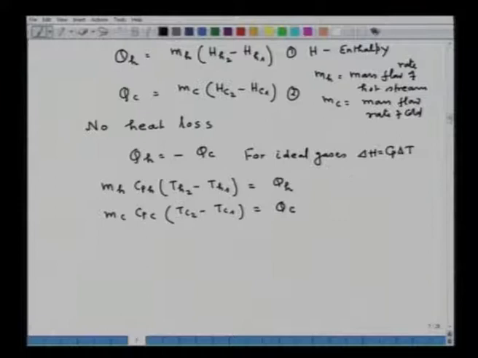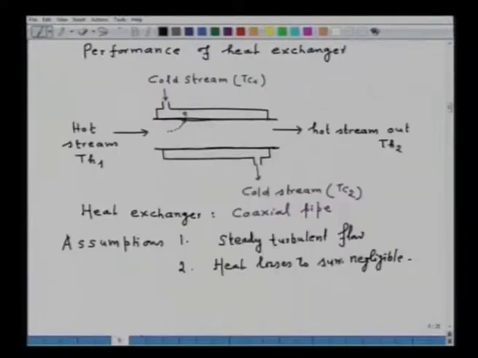Let us take this equation as number 3 and this equation as number 4. Now, what we have to consider is that this is a flow path, and in the flow path, let us consider the heat balance in a small element whose length is dl.